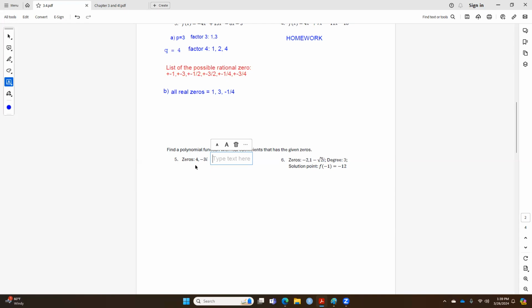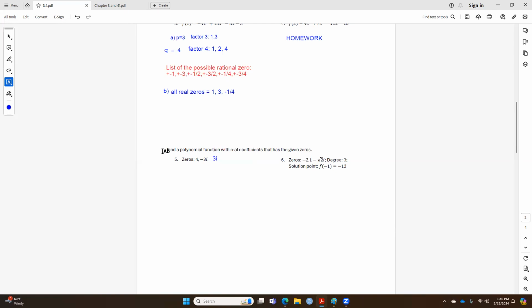So 4, you cannot use negative 4. So the only conjugate that we have is this i. And what is the conjugate of negative 3i? It will be just 3i.